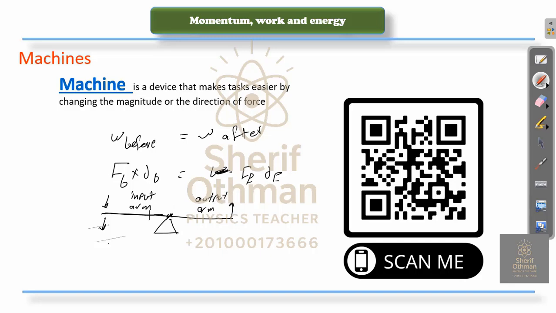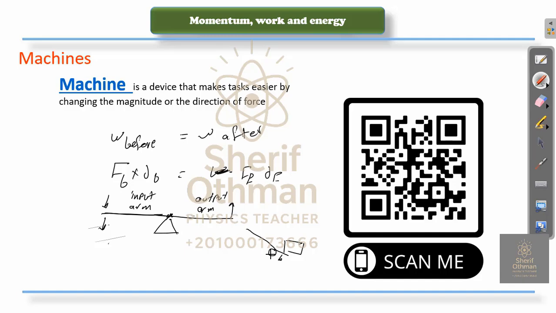Let's use a lever to move a stone. So here is the stone, and I would like to use a lever, putting another piece of stone here. By moving this stone away from the large one, I increase the output arm, which makes the resultant force harder. But as the arm of the resultant force decreases, that means the resultant force is greater.